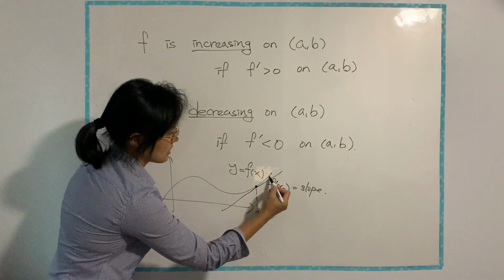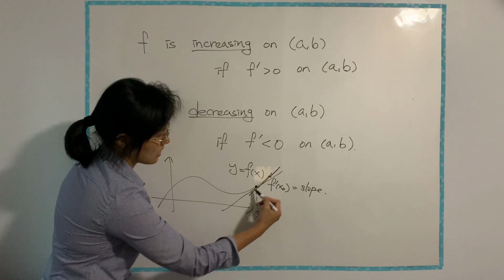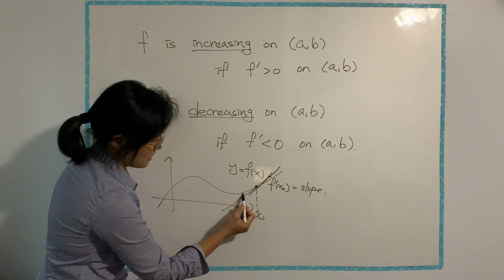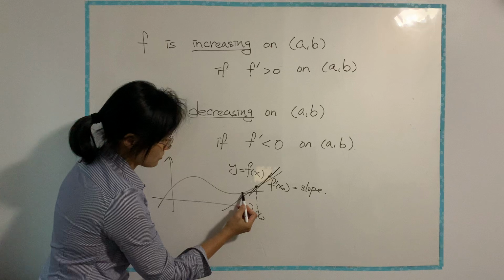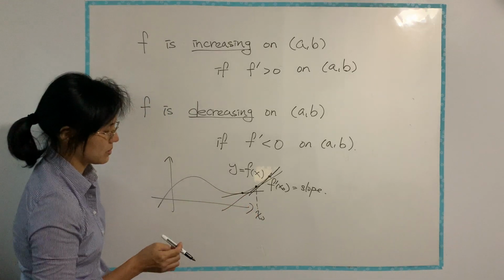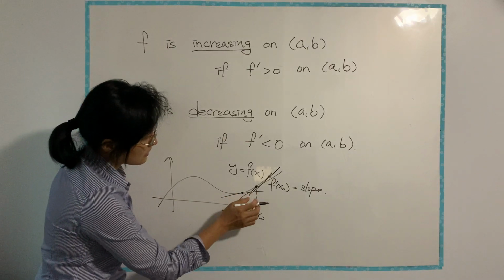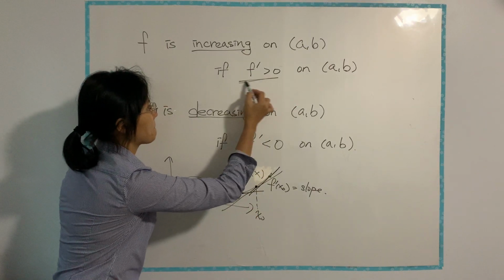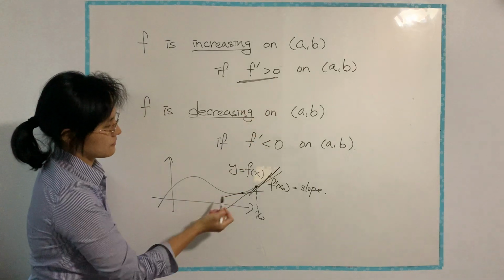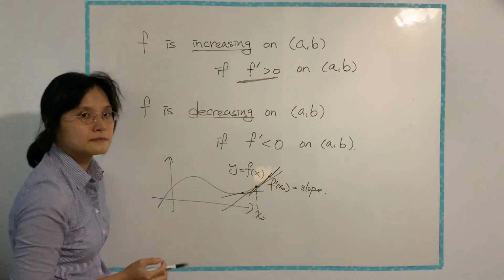Okay, and here, for example, we also have a tangent line with a positive slope. Here we have another tangent line with a slightly positive slope. Okay, so here we can see that if f prime is positive, then the curve would be increasing.